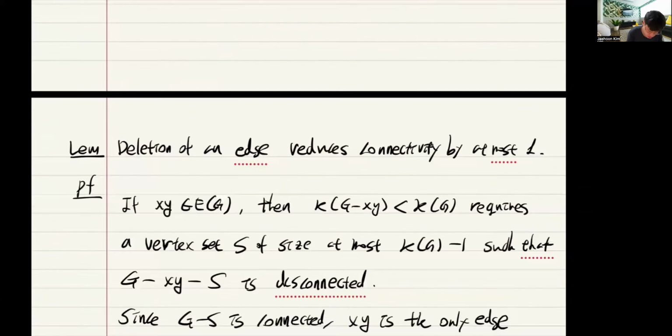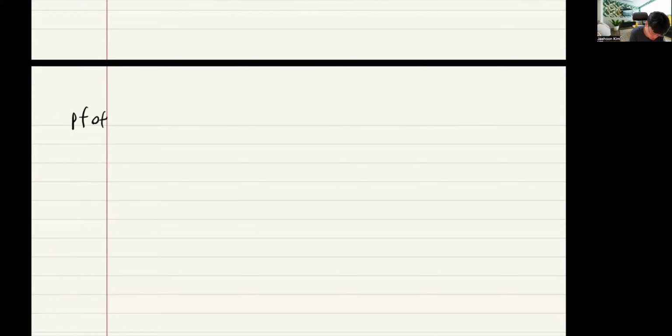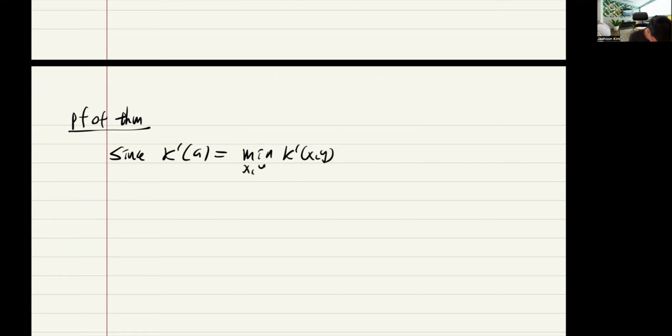With this lemma, now we can prove this theorem. So what do we know? The edge connectivity is the easier case, so let's clear it. It is the minimum of all local separations between any two vertices.